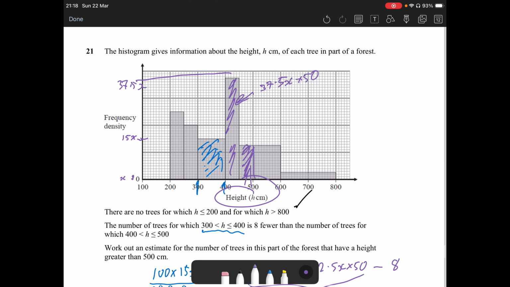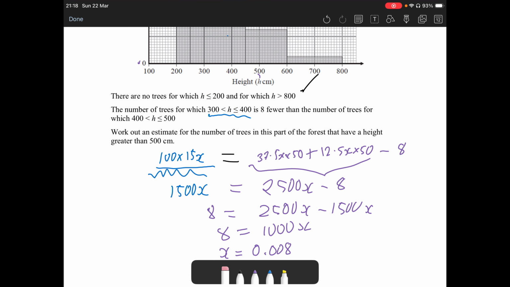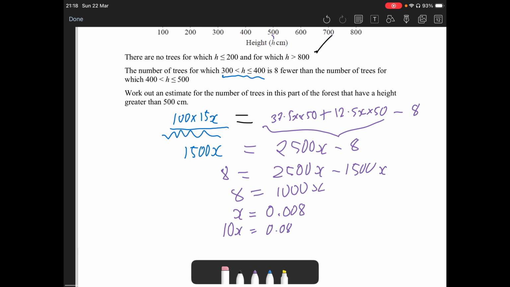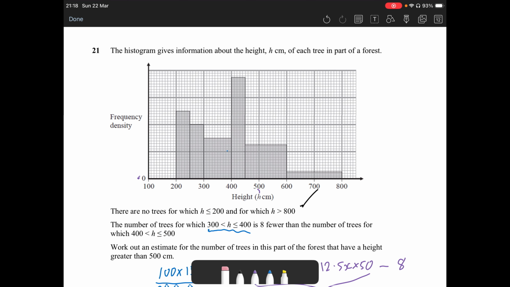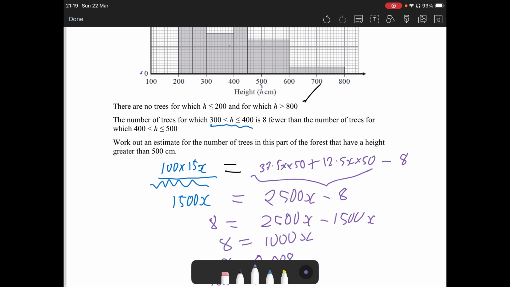So the scaling is very odd. But it's not, I don't know, it could be worse. Basically every 10 squares on your y-axis is going to be represented by 0.08. So this would be 0.16, 0.24, 0.32. Yeah, the scaling is very difficult.